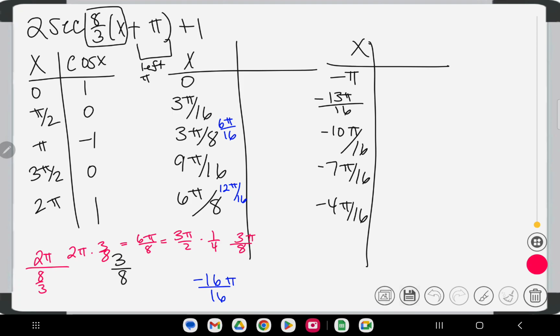So I could start from my shift, at negative pi, and then be adding each time to get what I need, which is kind of cool. And that actually should be a 4, which makes that a 16, which makes the math work.